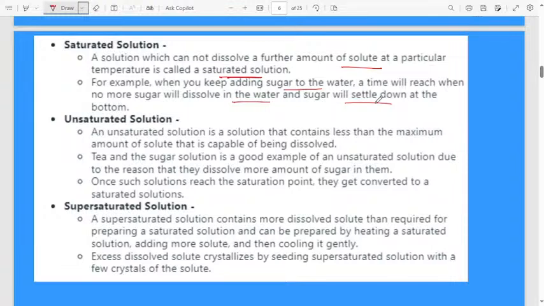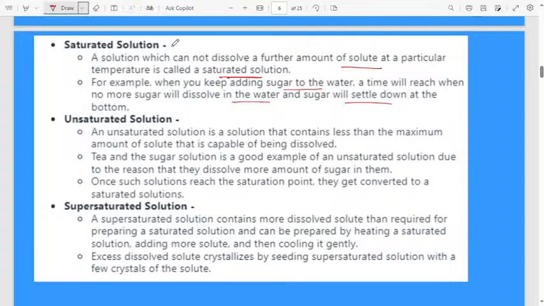This is an example where a particular quantity of solution, or water, has some capacity to dissolve sugar. When it reaches the saturated solution, it is not able to dissolve any further amount of sugar. That point where it reaches, we consider as a saturated solution.